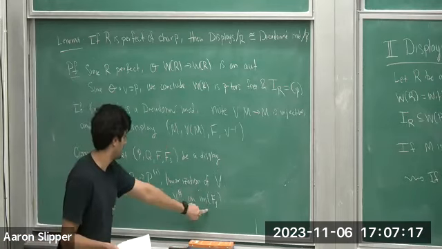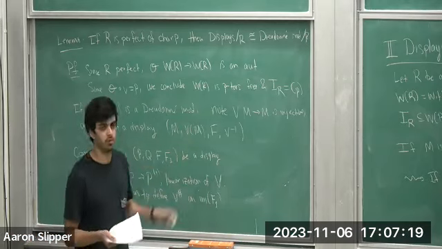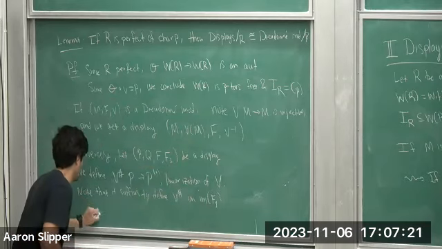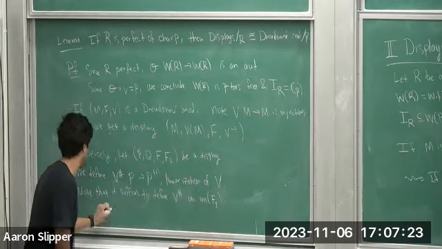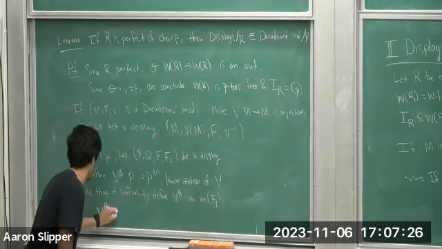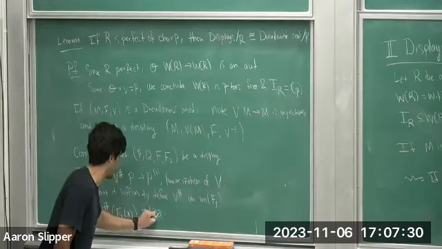And so now we're in good shape because we've gotten rid of the p. So we just set V sharp of x to be the corresponding element.